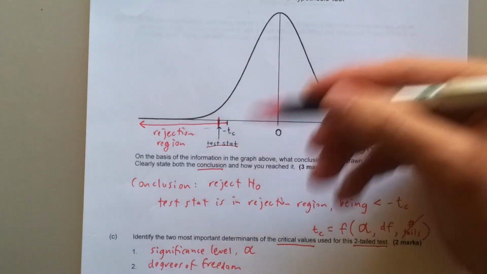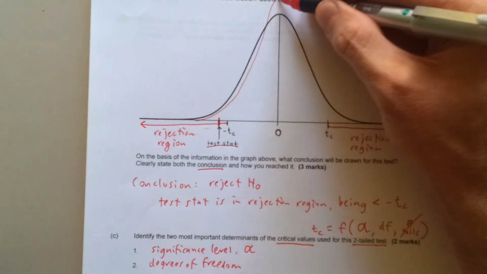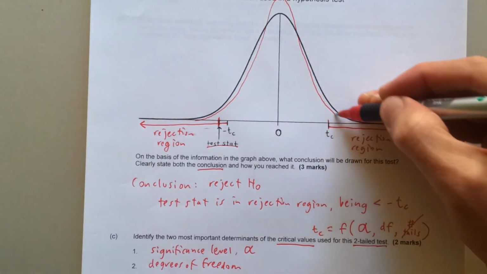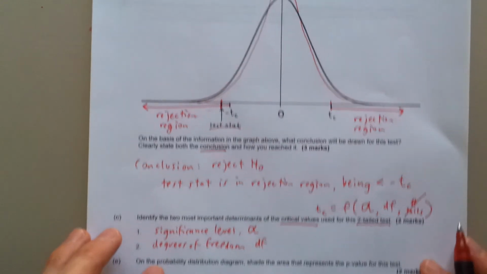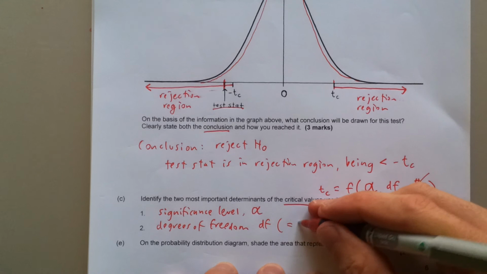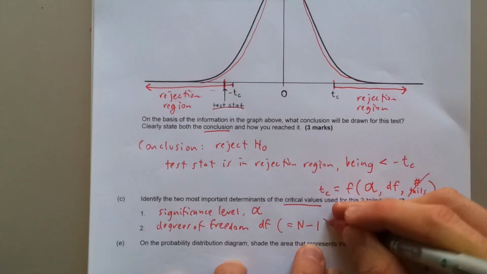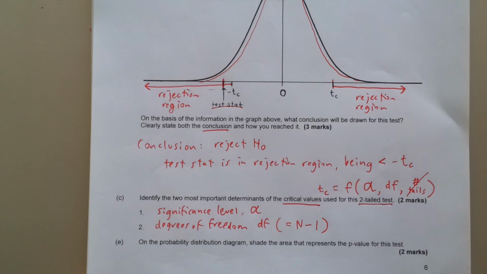So if I was to use more degrees of freedom here, I'd get something that looked a little bit more like this. So the degrees of freedom, df, determines the precise shape of the t-distribution, and that itself is equal to the sample size minus 1. So if you had said sample size, that would have been an acceptable alternative to the degrees of freedom.